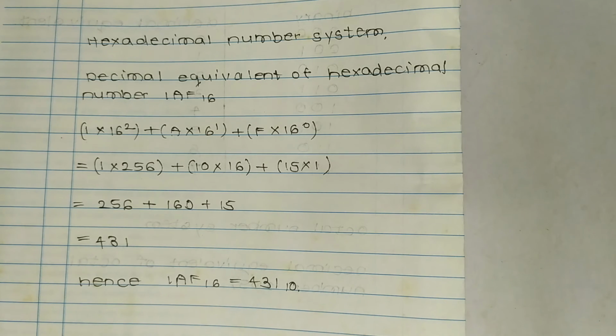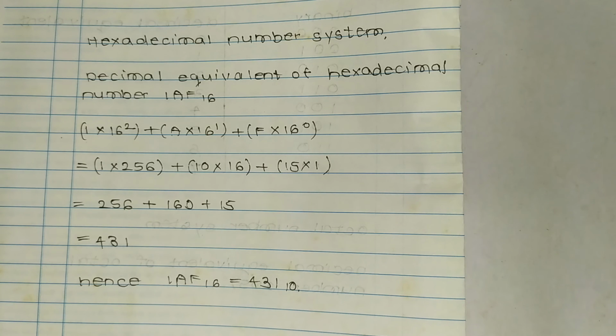The symbols from 0 to 9 are the same, and after that the remaining 6 symbols are A, B, C, D, E and F, which represent decimal values 10, 11, 12, 13, 14, 15 respectively. Hence the largest single digit is F or 15, which is 1 less than base 16. Each position in hexadecimal number system represents a power of the base.